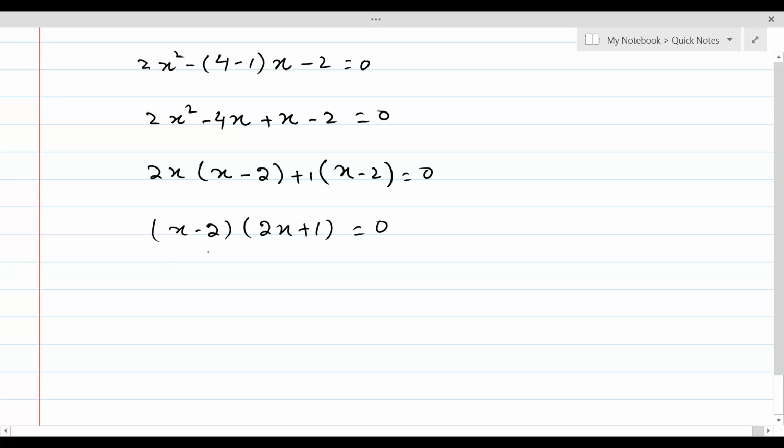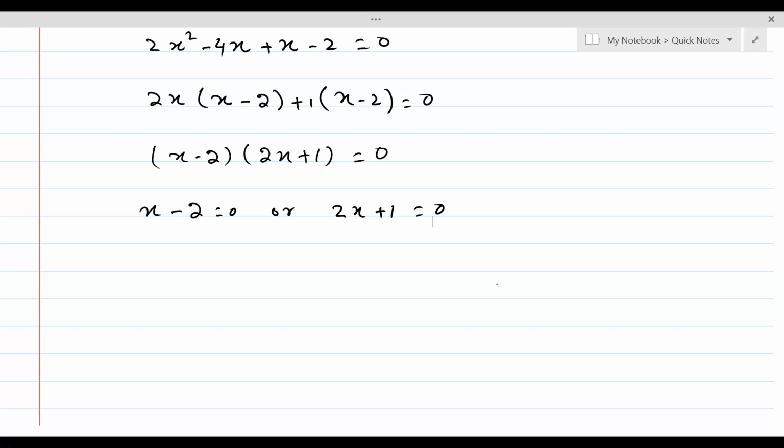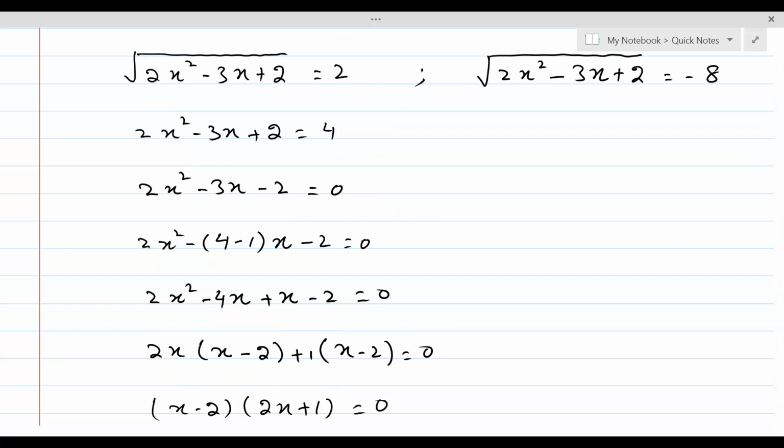Since the product of two real numbers is 0, either x minus 2 is equal to 0 or 2x plus 1 is equal to 0, and this gives us values of x equal to 2 and minus 1 by 2. And now we are left with this other part.